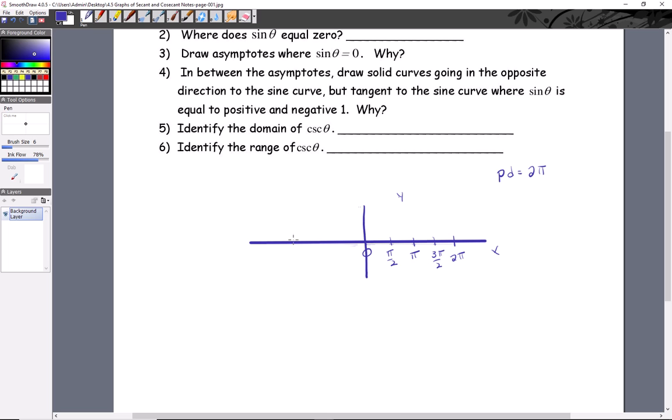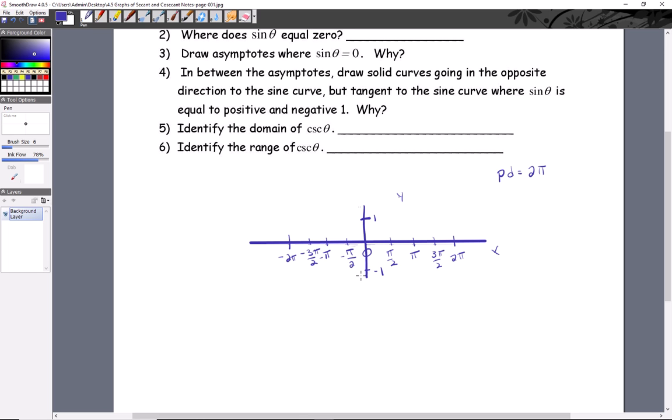And then we can make a mark out here, a little further out. We'll call that negative 2 pi, and then halfway back will be negative pi, and then negative pi over 2 here, and negative 3 pi over 2. And of course, for just your basic parent for sine, it doesn't go any higher than 1, and it doesn't go any lower than negative 1.